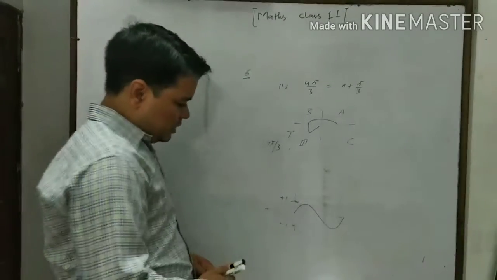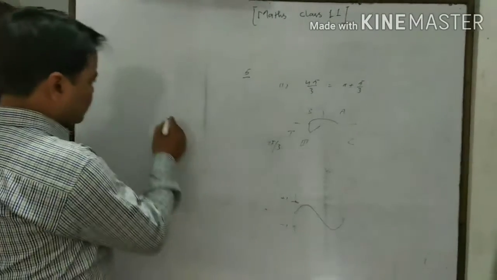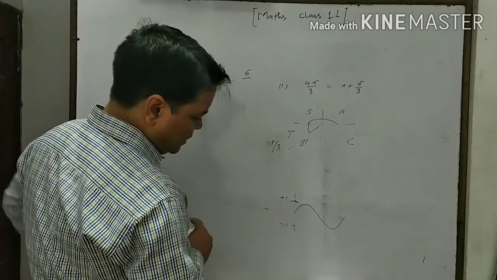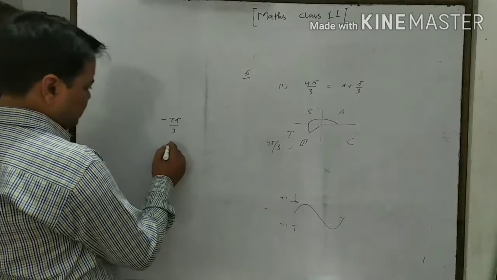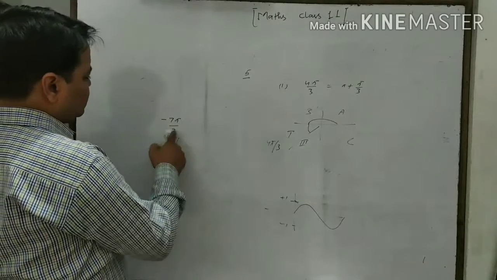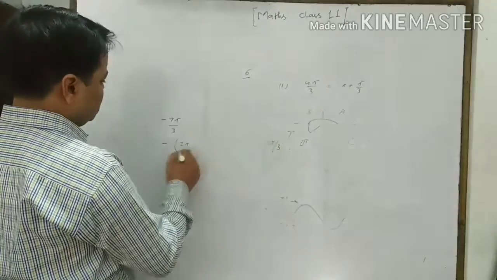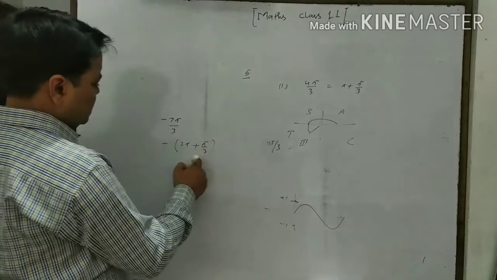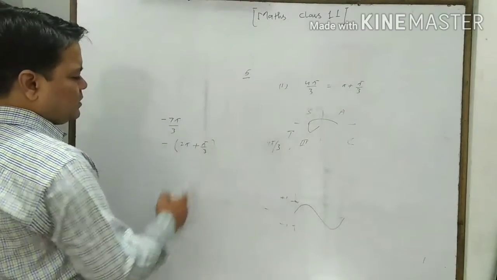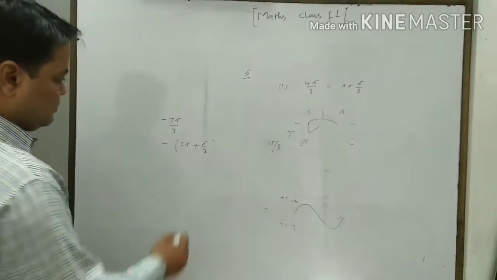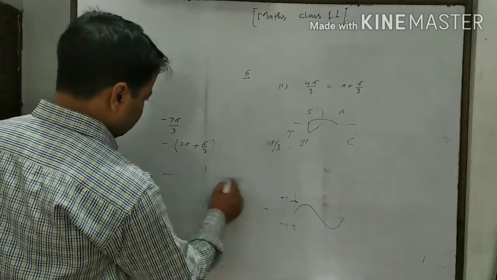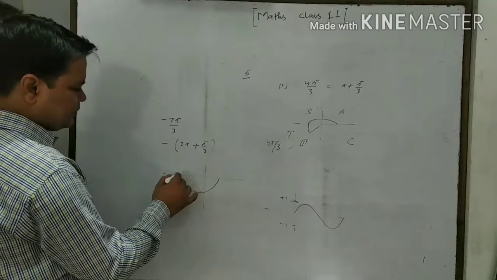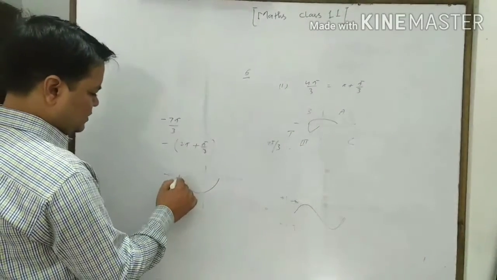Similarly, the second question, minus 7 pi by 3. We can write it this way: 7 pi by 3 is 2 pi plus pi by 3. But here it is negative. Remember this: 2 pi and pi by 3, this direction.